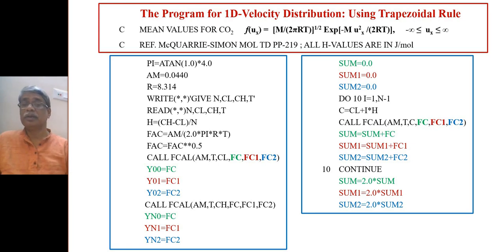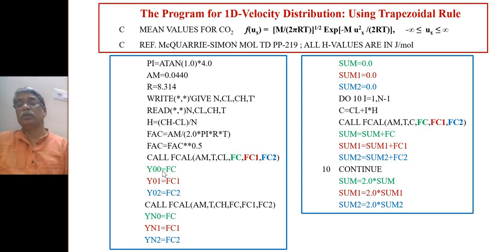So we are expecting a result of 1 for that portion, and fc1 is the average of ux, and that is supposed to be 0 because it's a Gaussian curve symmetric around 0. So the average is supposed to be x equal to 0, and then the ux square average is not 0, and that will be given by a formula that we have already seen. So we will run the program, and then check how far our computed values match.